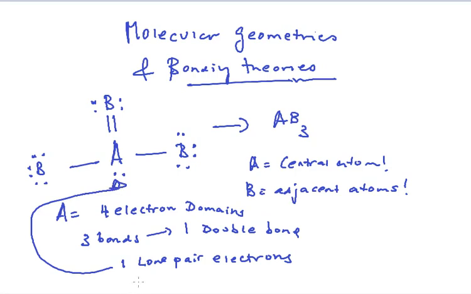Why we need to know the electron domain is that the number of electron domains tells us the geometry of the molecule. With 3, 4, 5, or 6, we are able to predict what the structure of the molecule will look like. So basically the number of electron domains gives us what the geometry will look like.